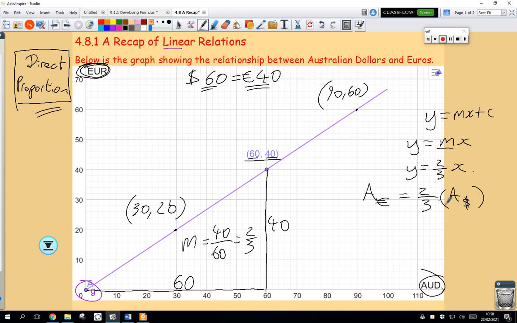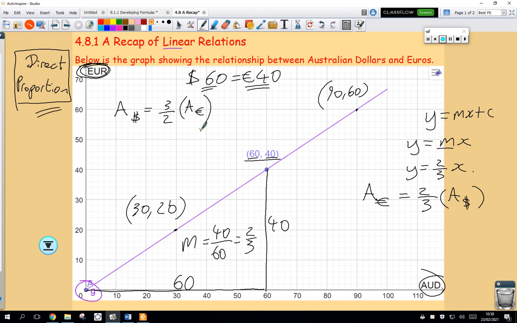And if I change the subject of that formula, I can make the Australian dollars the subject by multiplying both sides by 3 and then dividing both sides by 2, and I'll find that the amount of money in Australian dollars can be written as 3 over 2 times the amount of money in euros. They're both useful, and I should be able to think about each of the different variables as the subject of the formula.